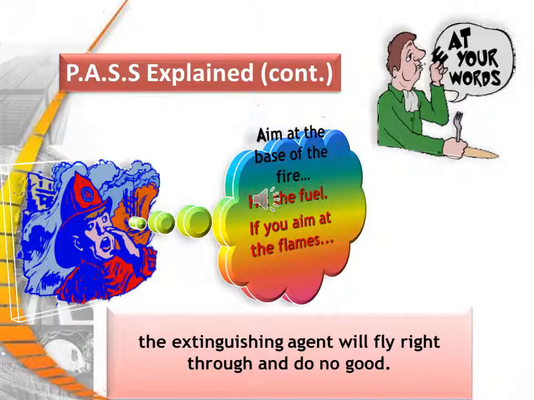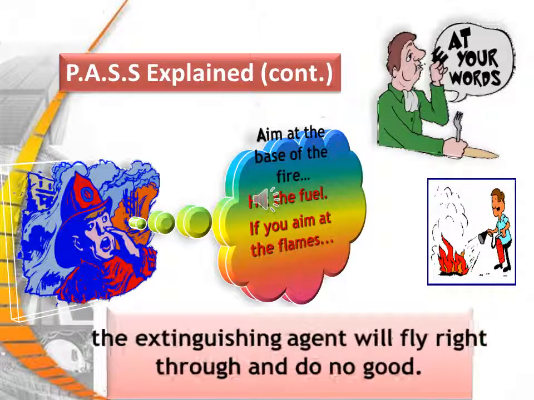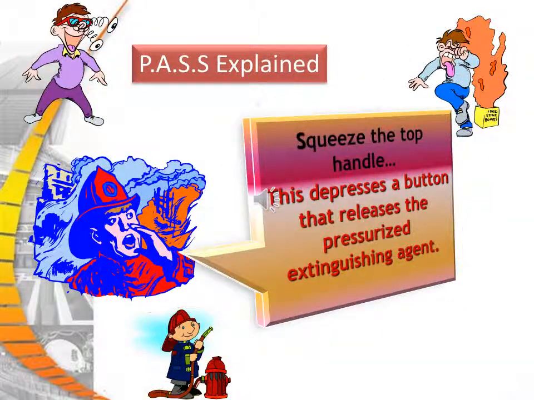A stands for aim. Aim at the base of the fire. Hit the fuel. If you aim at the flames, the fire extinguishing agent will fly right through it and do no good. S stands for squeeze. Squeeze the top of the handle.